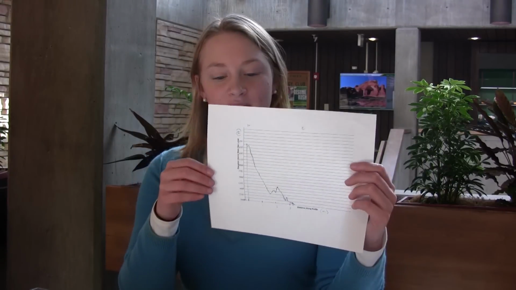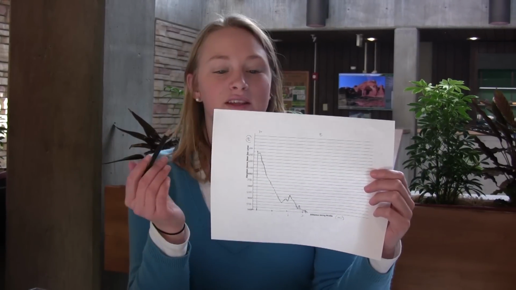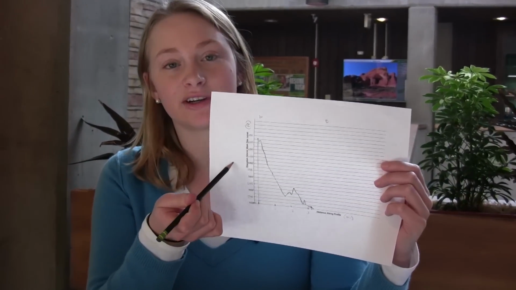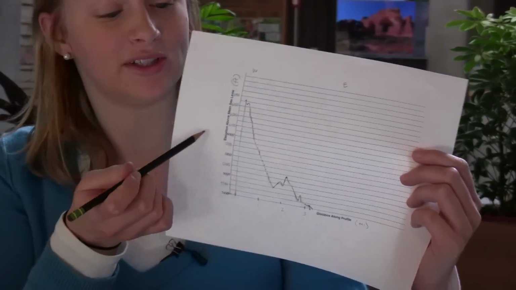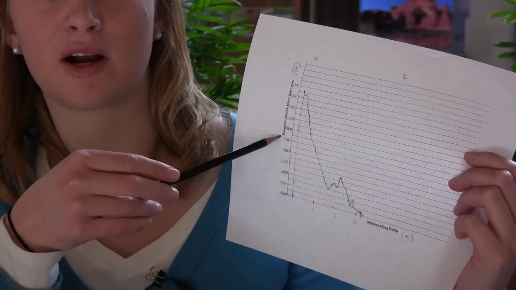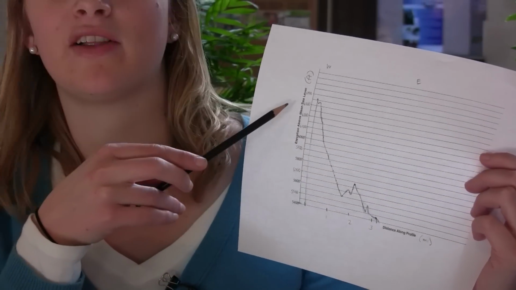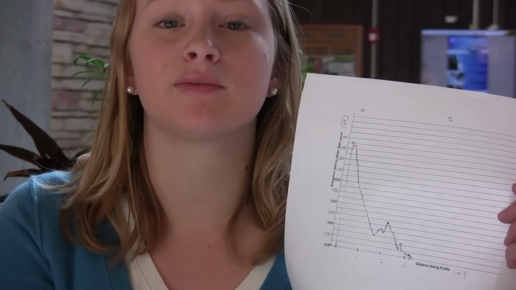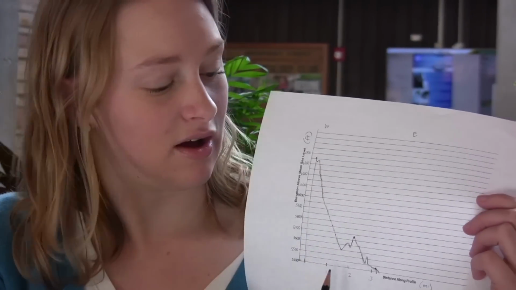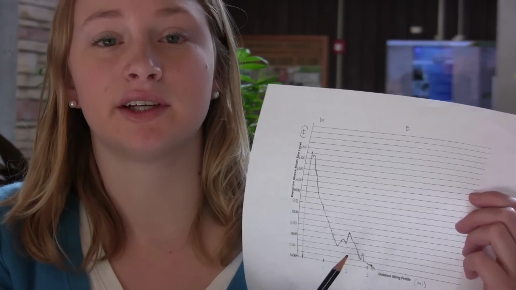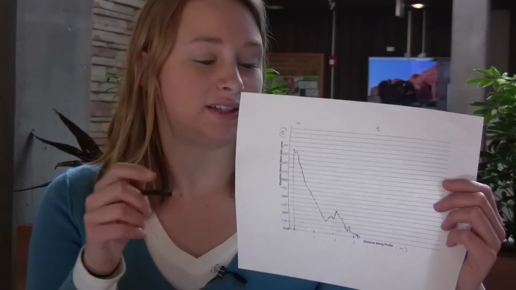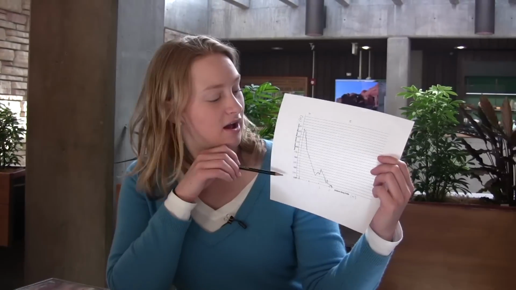So I have an example here. There are several components. I've got the axes labeled here with their units, and the units are marked off. So we have elevation in feet on the y-axis, and then we have the distance along the profile on the x-axis. That's in miles. You may notice that this difference in elevation along the y-axis isn't nearly a mile.